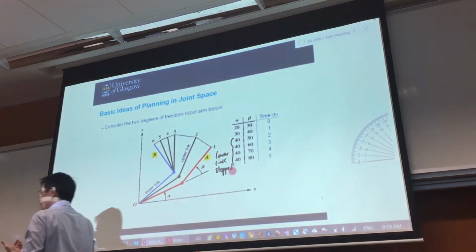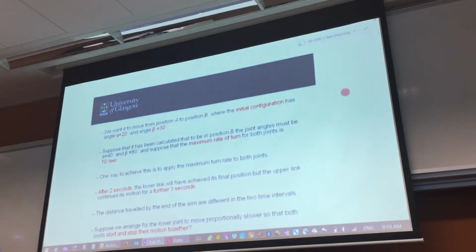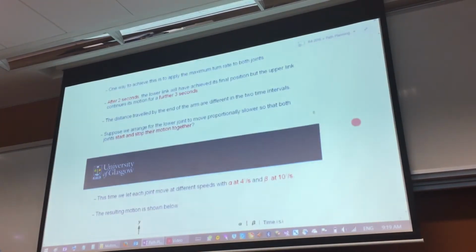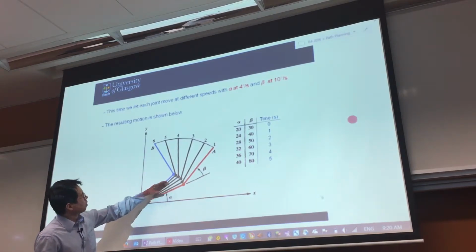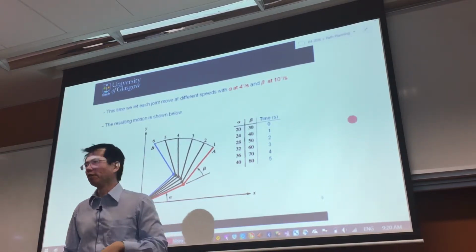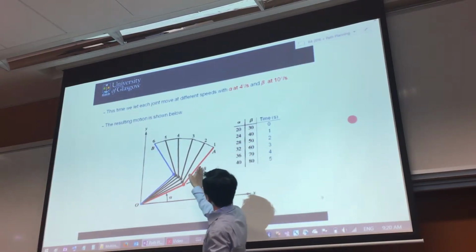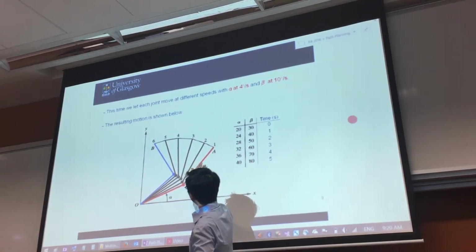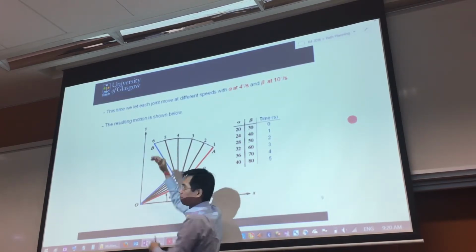So another way to do this is, why not have this lower link move in smaller steps? How about moving them in smaller steps, so that the smaller steps would be synchronized together with the upper link, and as this moves, it will all move together.